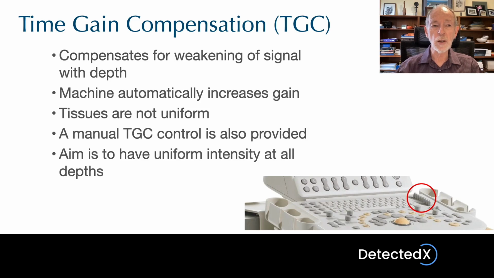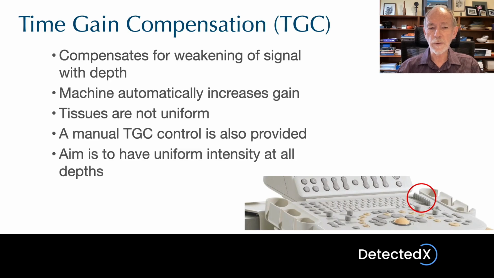Now this of course is not going to be perfect because tissues are variable. So it's important that you have a manual TGC function as well to allow you to compensate for variations, both within the one patient and also between patients. The manual TGC, as shown in the diagram on the bottom right here, usually consists of a series of sliders.